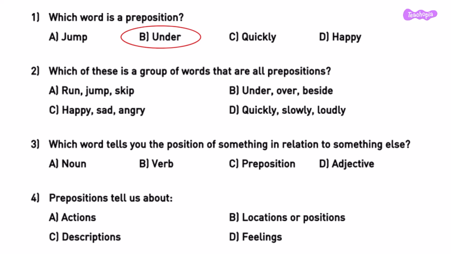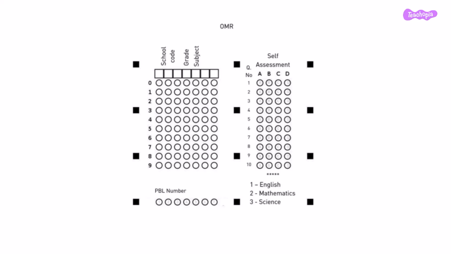Here, if the learner has selected the word under instead of jump, quickly and happy, you can take it as they have understood under as a preposition or that they can identify preposition from a group of words. Finally, we have an OMR sheet, which is a practice sheet to help learners mark the right answers for upcoming exams or competitive exams.